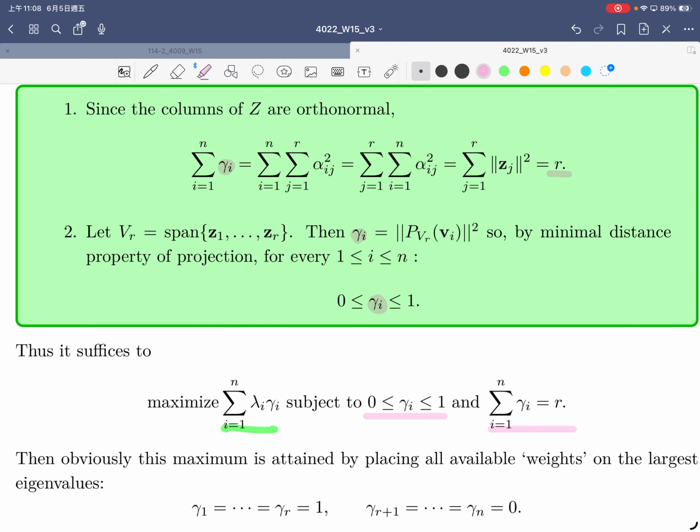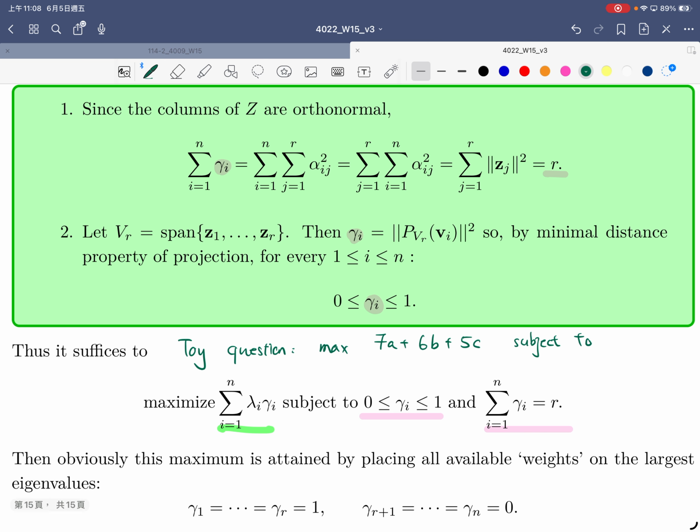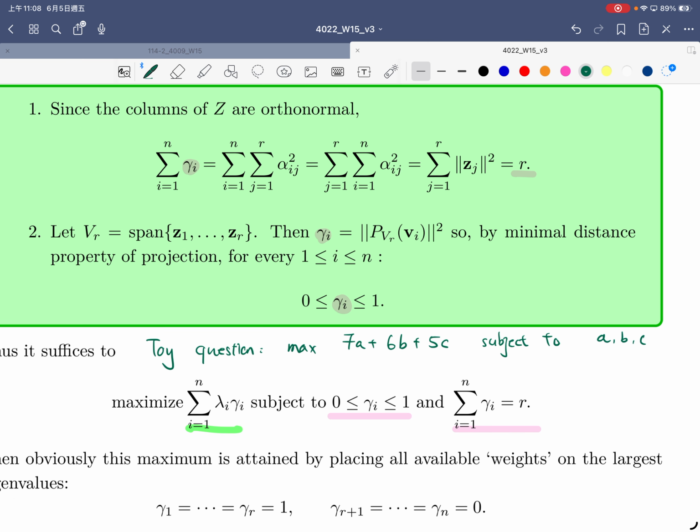If you don't know how to do it, it's just because the symbols look a bit confusing. But think about a toy question. If I ask you to maximize 7A + 6B + 5C, and now you have two conditions: subject to A, B, C all between 0 and 1, and A + B + C = 2.